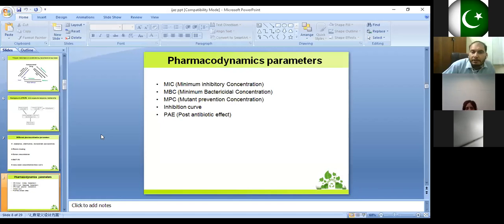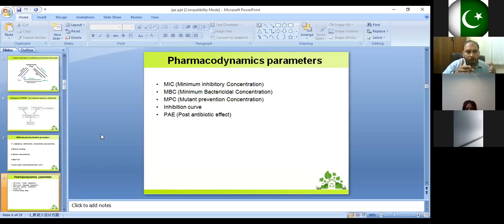The next is mutant prevention concentration. I think this is a new technique, mostly used for optimizing the dosage regimen. It is the same as MIC, but in MPC we use it for first-step mutants, increasing the inoculum size of bacteria and exposing them for a longer duration, not like MIC, which is for 24 hours. Here we expose the bacteria to the drug for more than 96 hours.